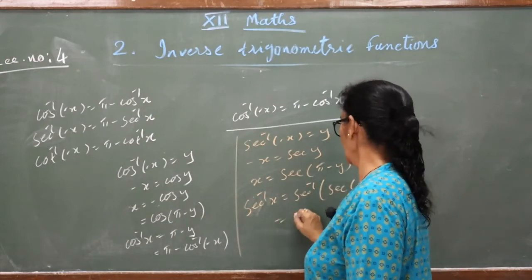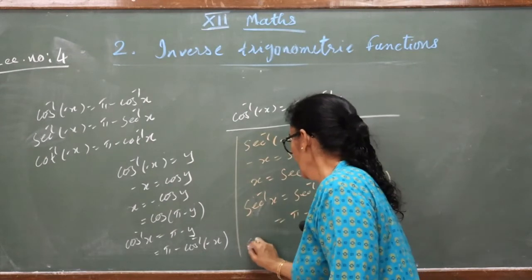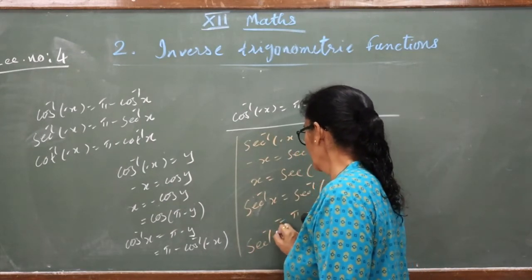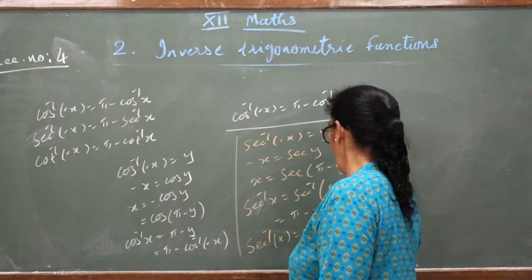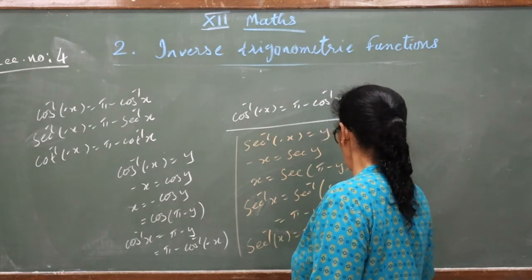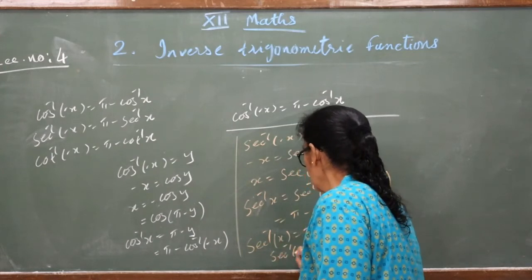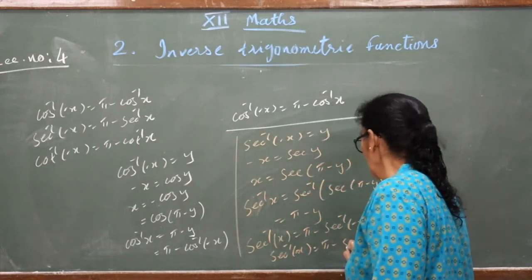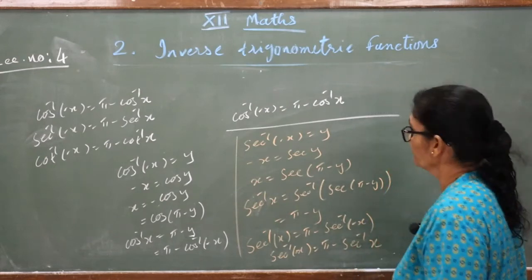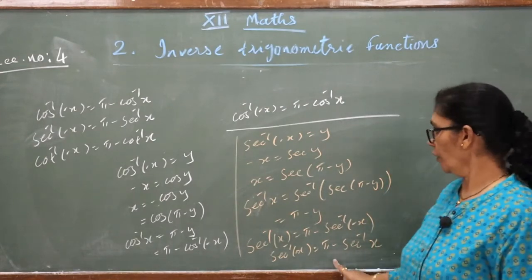Sec inverse cancels, pi minus y. So sec inverse x equal to pi minus sec inverse minus x. Shifting the term, sec inverse minus x equal to pi minus sec inverse x. This way we can prove for sec.